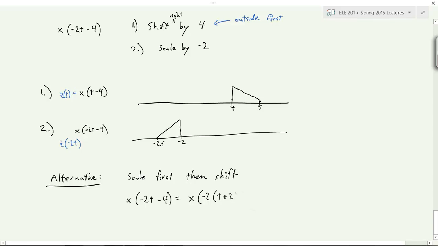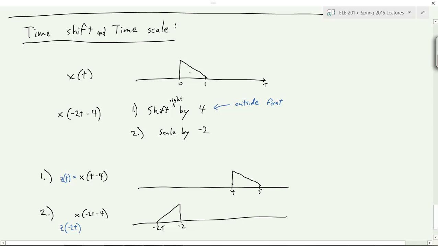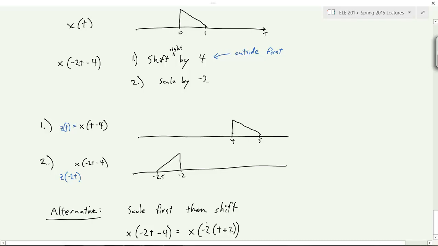Now, this would imply that you first do the time scale by -2, then you do a shift to the left by 2. And notice that would work as well. If we do the time scale of this by -2, the triangle would be backwards. Then if we do a shift left by 2, we'll get to the correct final result. So this is fine. You can do it in the other order as long as you've correctly updated the numbers that you're doing the shifts and flips by.